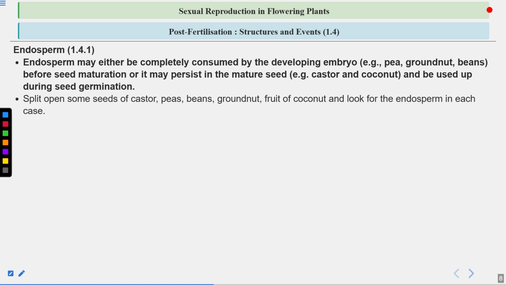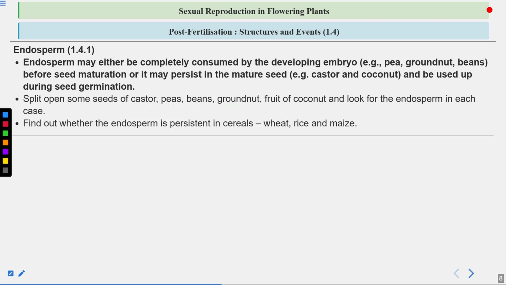Anyway, split open some seeds. You can take castor seed, peas, beans, groundnut, and fruit of coconut, split them open and see where the endosperm lies in each seed. Also find out whether the endosperm is persistent in cereals like wheat, rice and maize.